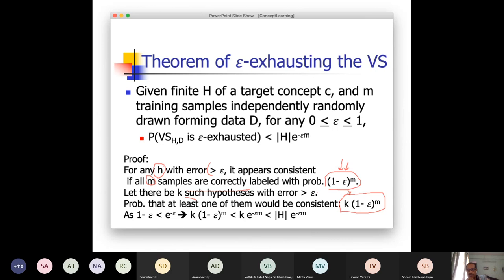Any one of them can be included in your version space. Sir, it is a maximum bound, right? Yes, it is a maximum bound. That's why it is written like this. Oh, okay, sir. So the k hypotheses are a subset of the total hypothesis space. So using this, you can say that k into (1 minus epsilon) to the power m is less than this.